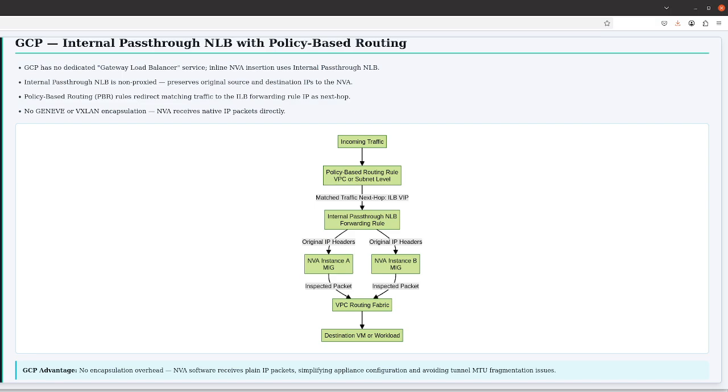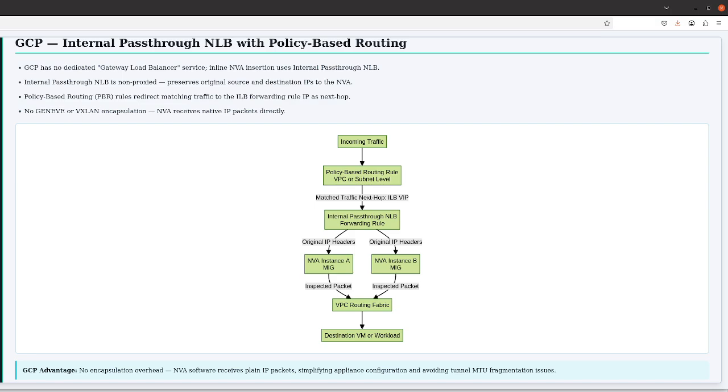Non-proxied means it does not terminate TCP connections or NAT source addresses. It passes packets through to the backend with the original IP headers intact. This characteristic is precisely what makes it suitable for NBA inspection deployments, because the NBA sees the genuine source and destination IP addresses of the traffic it is inspecting.